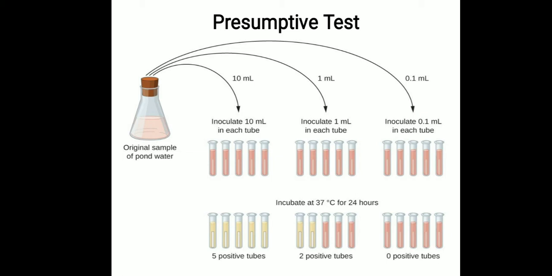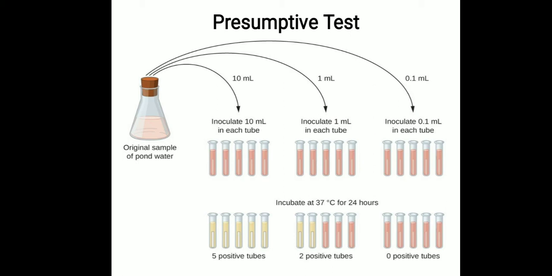The selective action of lactose occurs because many bacteria cannot ferment this sugar, whereas coliform bacteria and several other bacterial types can. The surfactant and dye do not inhibit coliform bacteria, whereas many other bacteria such as the spore formers are inhibited. So this is the presumptive test.